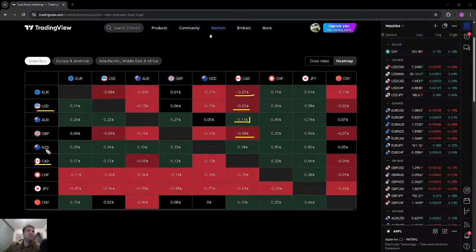Oh, by the way, they added NZD too, so initially they didn't have the NZD, so I think they updated that. So we can see that NZD with the Canadian dollar, NZD is strongest, and then the Australian dollar, and then pound, and then euro. So this is how you can actually use the correlation impact in order to find the perfect opportunity for yourself.